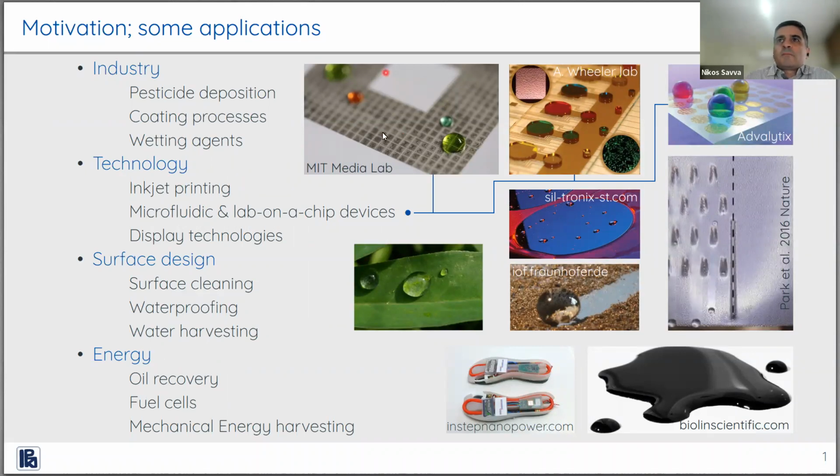So, for example, here, this is taken from the MIT Media Lab, where they use electric fields to actuate and control how the droplets move on these surfaces. So they can very controllably move them around, merge them, mix droplets together, and so on, which can find applications, for example, in biomedical experiments.